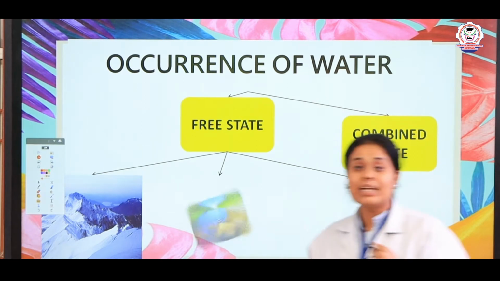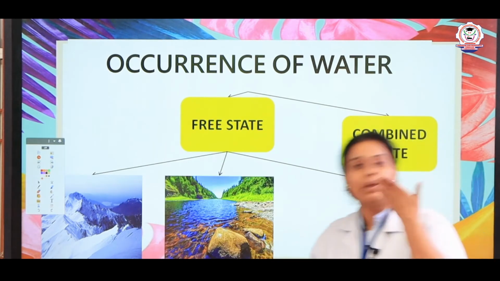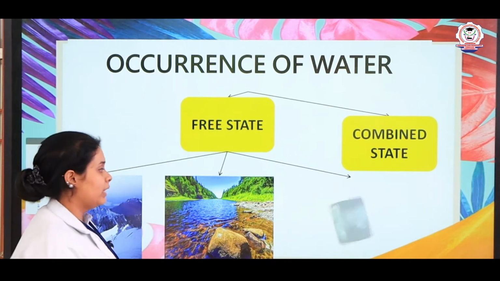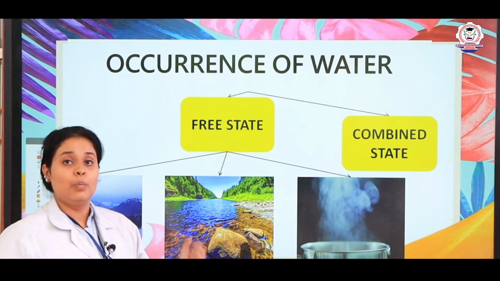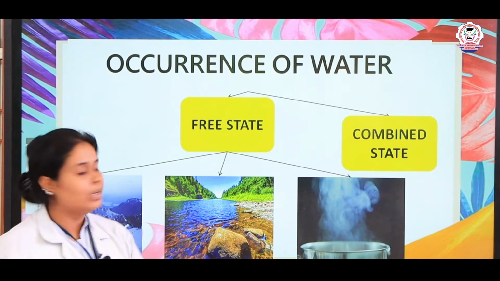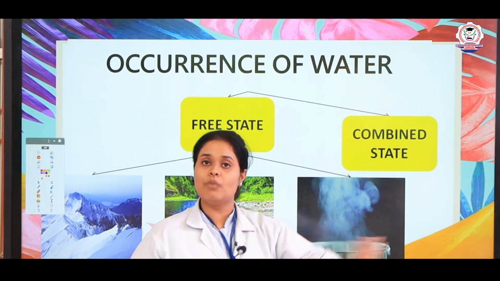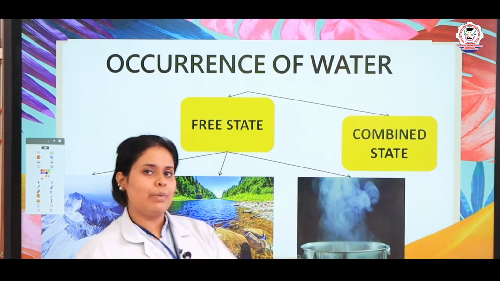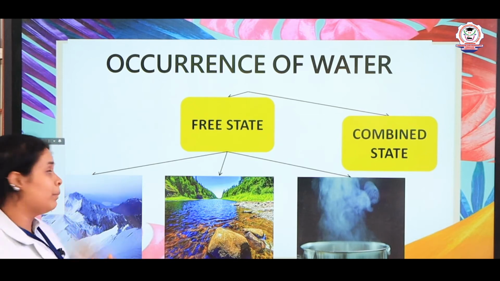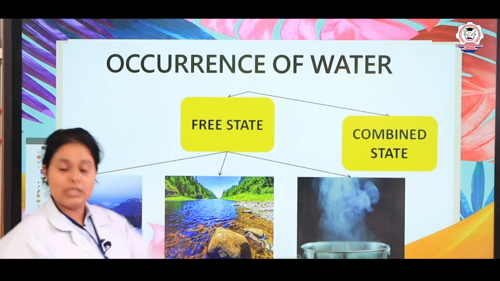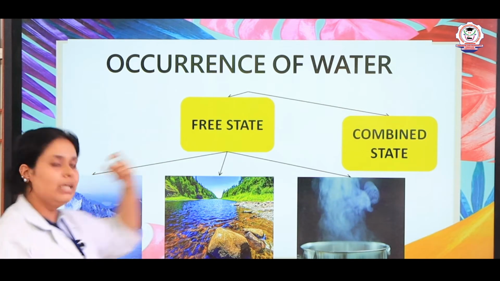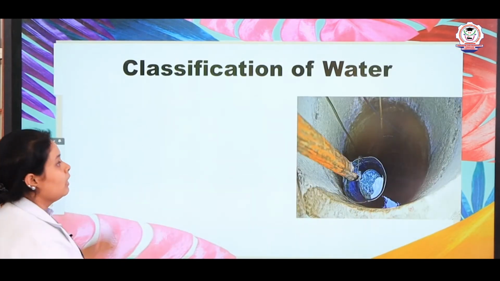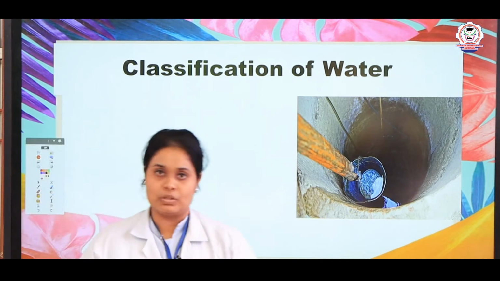Same way, the second form is the liquid form, which we drink and generally see in the liquid state. And the last one is steam, which is also known as water vapor. And the combined state of water comes in the form of chemicals. So that is not much required right now. So we should know only the three basic things, which is that in the free state, water is present in solid, liquid and gas. Okay? Yes.